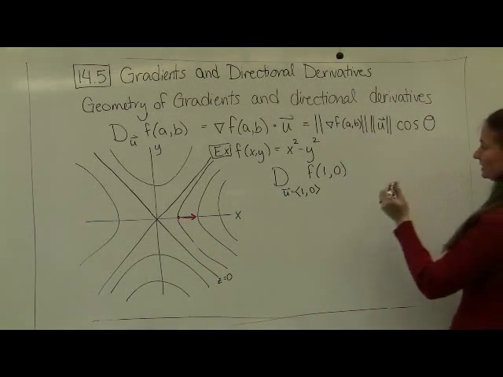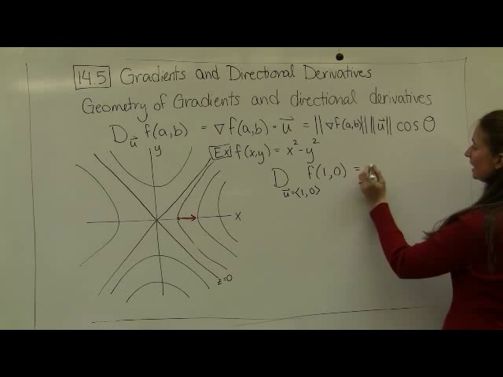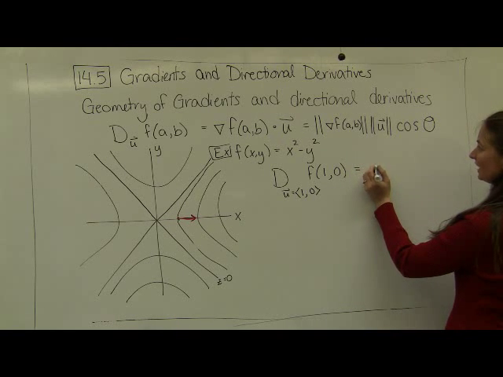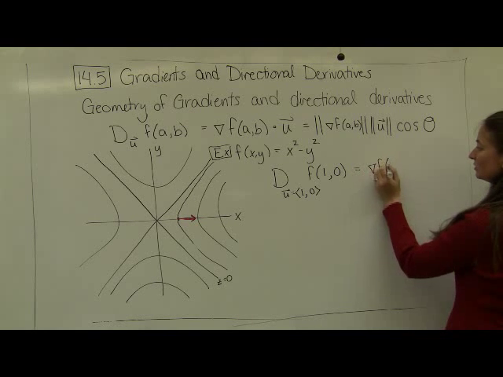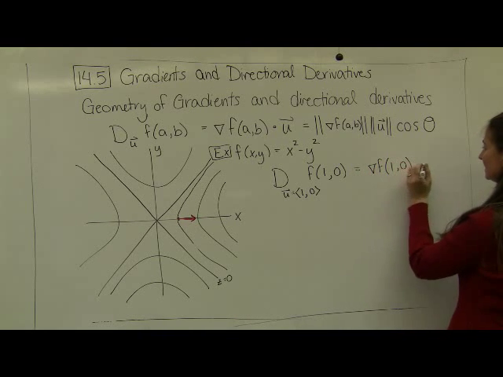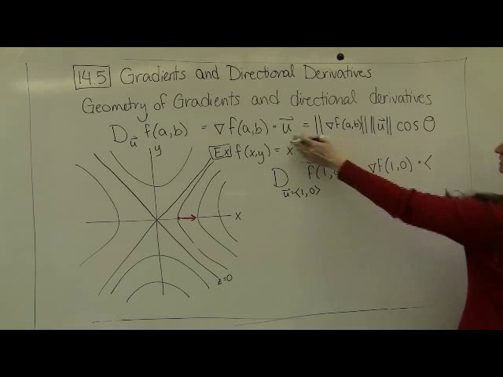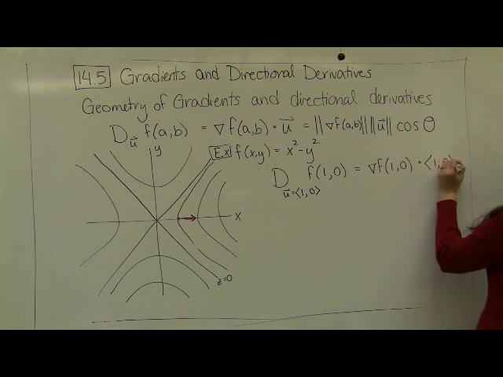And when I evaluate this, what did this give me? First I have to compute the gradient of f evaluated at the point (1, 0), and then I'm going to dot it with my vector (1, 0).